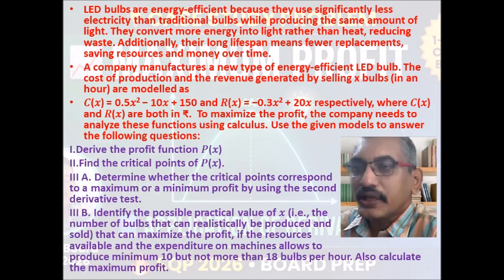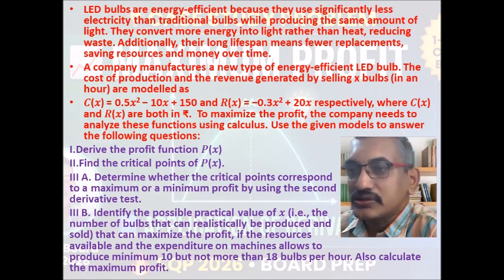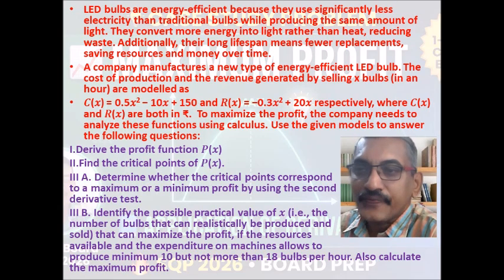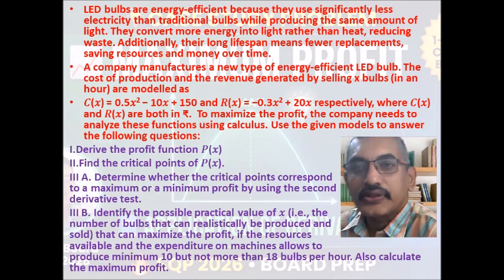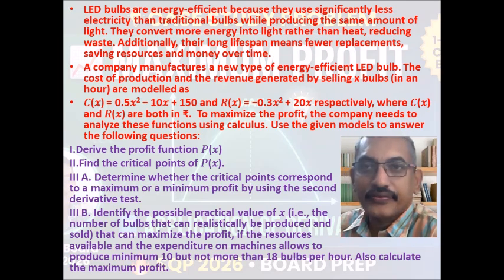And third, B: identify the possible practical values of x, that is the number of bulbs that can realistically be produced and sold that can maximize the profit, if the resources available and expenditure on machines allow to produce a minimum of 10 but not more than 18 bulbs per hour. Also calculate the maximum profit. This is the question. Now move on to the solutions.